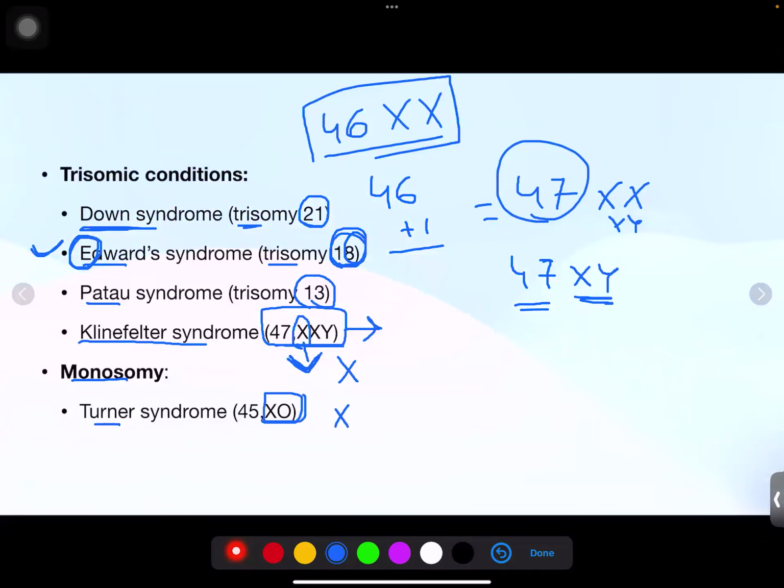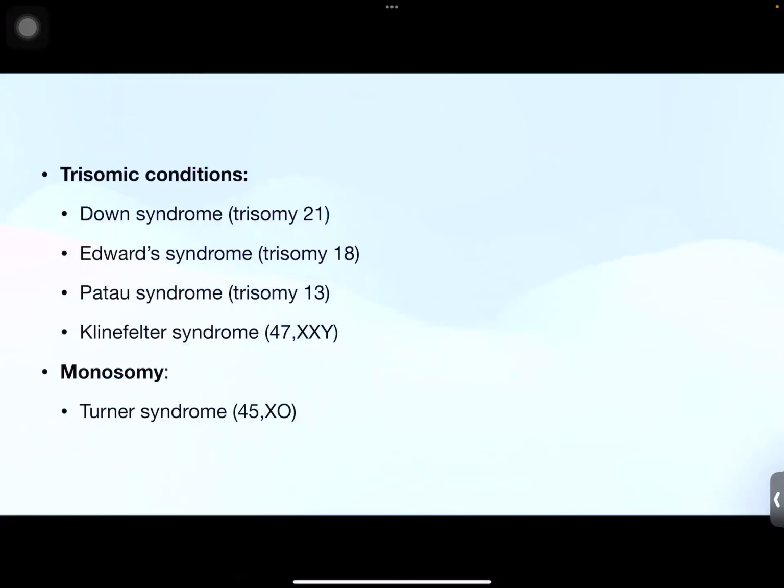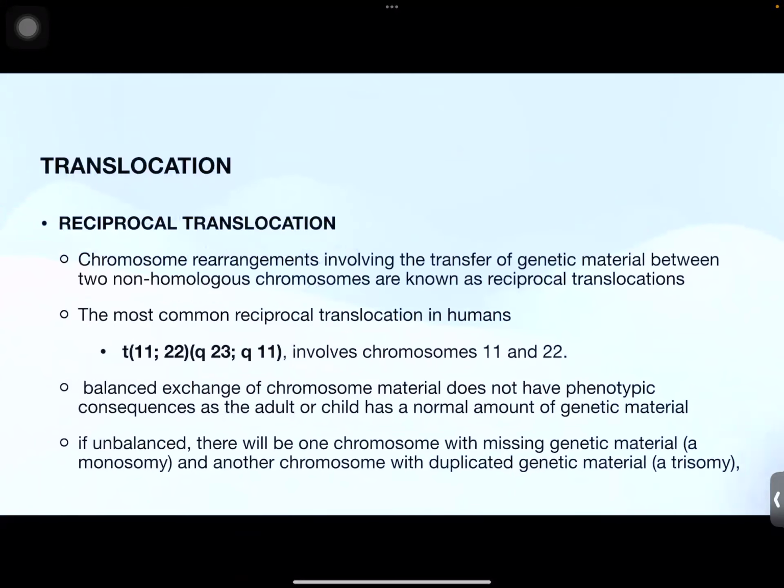So it is X0, only one X, and the number is reduced: not 46, it is 45. So you now know what the trisomies and monosomies are. In trisomy, there's an extra copy of one chromosome, which leads from 46 to 47, and in monosomy, one minus, so a 45 karyotype.